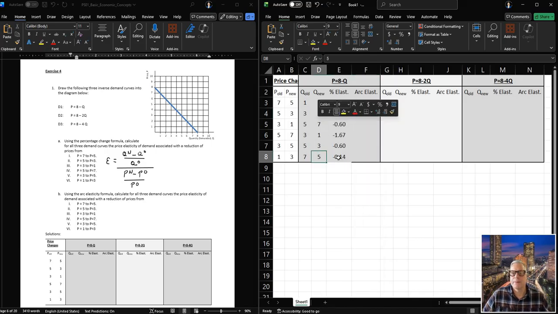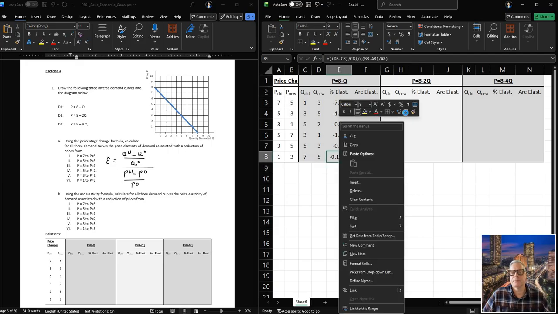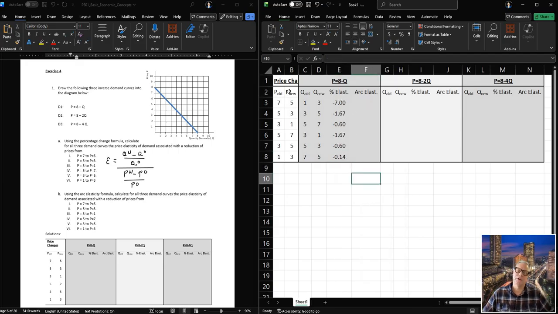And okay, so now we have, and you see, as we move down, the price elasticity decreases. So, okay, and again, what you also see is, for example, if we lower the price from 7 to 5, but then we increase it back from 5 to 7, we get different numbers. So this is what we don't like. So therefore, let's use the arc elasticity.